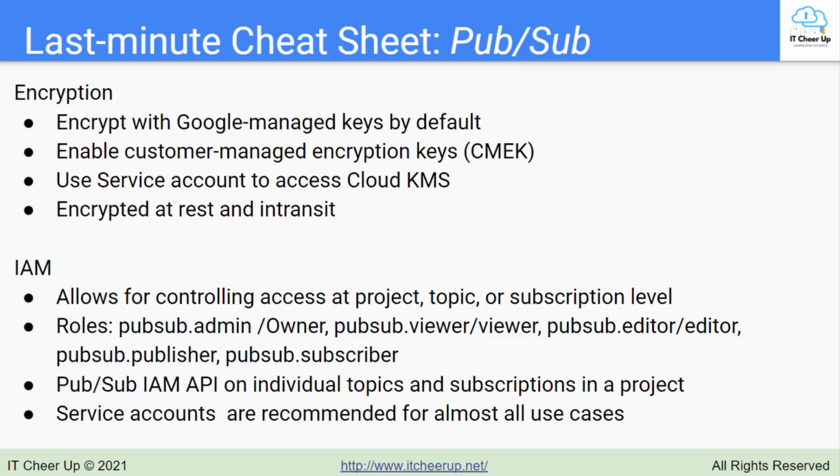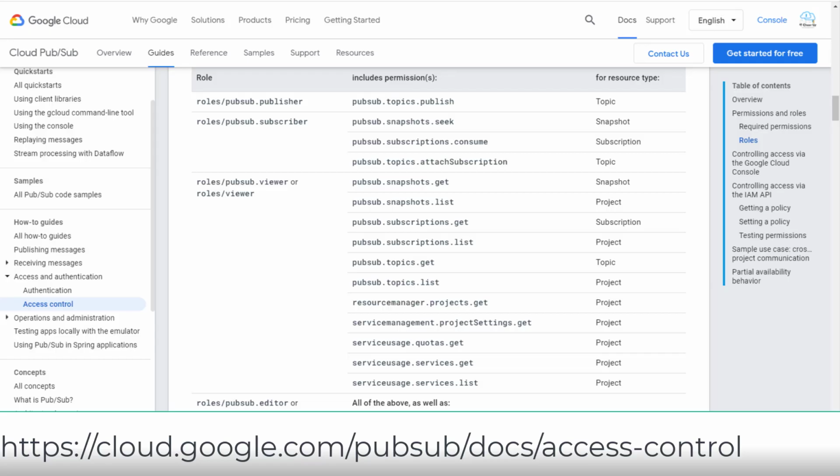The key points for IAM permission and roles are: Google Cloud PubSub allows for controlling access at a project, topic, or subscription level, so the IAM roles on the project level still are owner, viewer, and editor. But on each resource level, for example, topic, subscription, or the snapshot, are admin, viewer, editor, publisher, and subscriber.